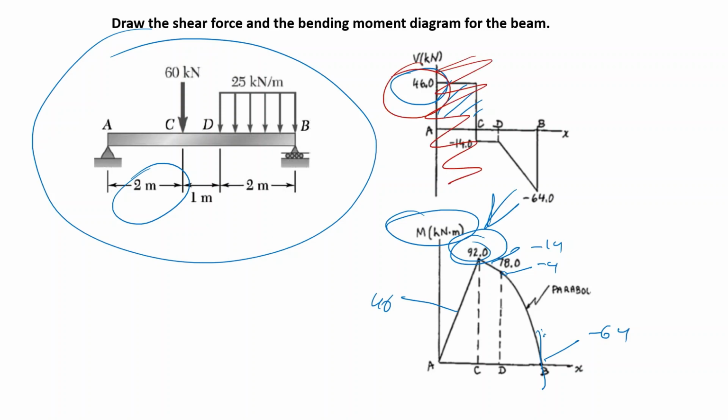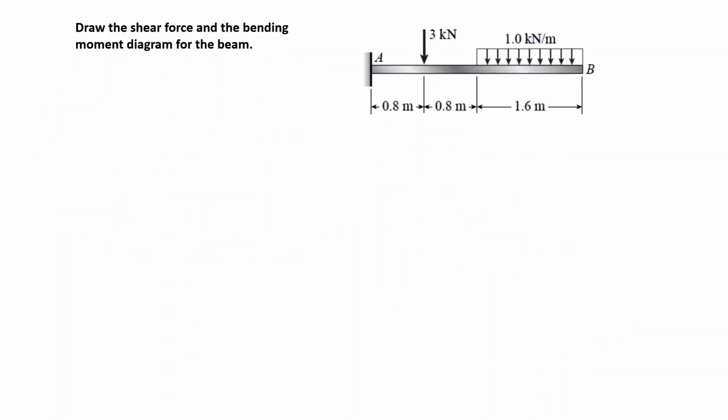Their value is 46, and the maximum bending is in point C and its value is 92 kilonewton meter. Well, a very similar problem, single force, distributed force, but this time we have a fixed support.